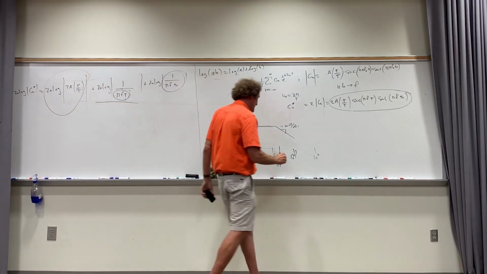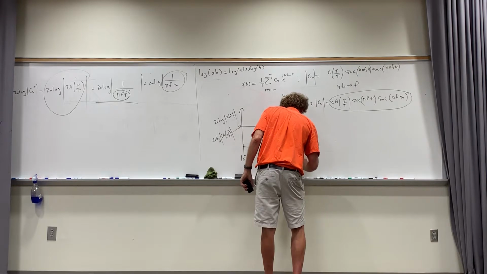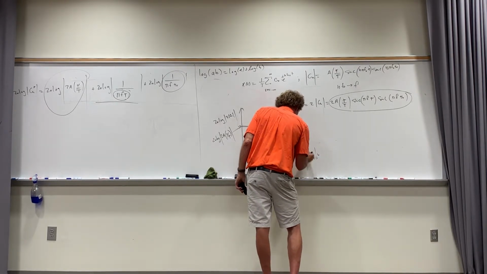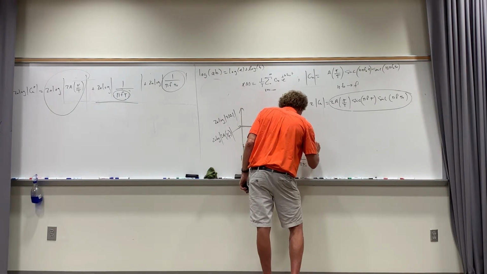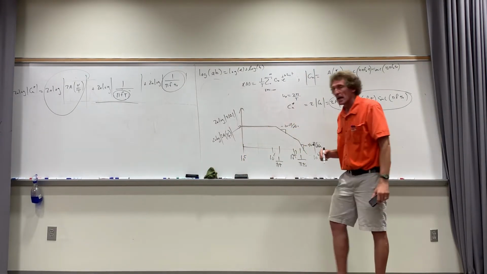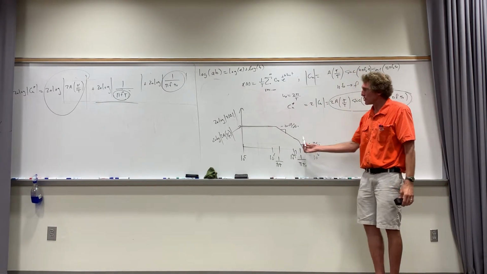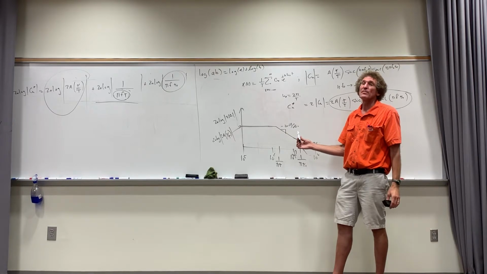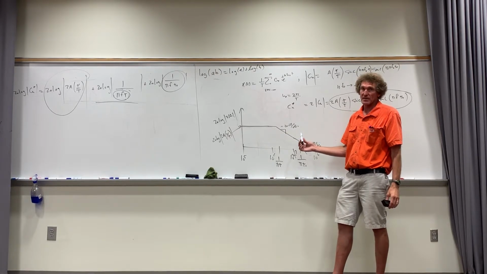So somewhere out here, you put down 1 over pi tau rise. And then when you hit that point, you start falling at minus 40 dB per decade. And this is an envelope of the voltage in the spectral domain. Think of it that way.